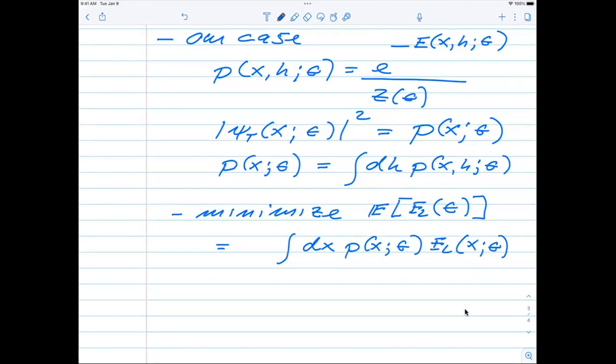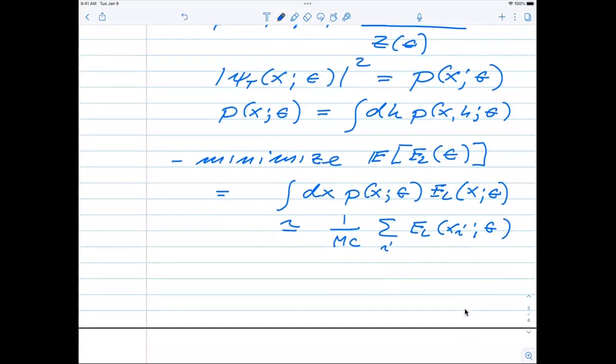And this quantity here is something which we normally approximate with a sum over all the Monte Carlo cycles which we have. And then we will typically set up an E_L of x_i as a function of these parameters theta. And that means that the function which we end up minimizing is exactly the same as we had in project number one.